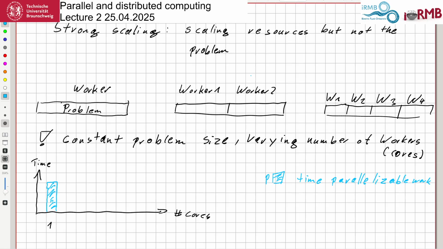So the entire amount of hours that all your workers together would have to do. If it's only one worker, this person would do all of this. And then on top of this, there is something that we call S, and that's the time of the work that you cannot parallelize.